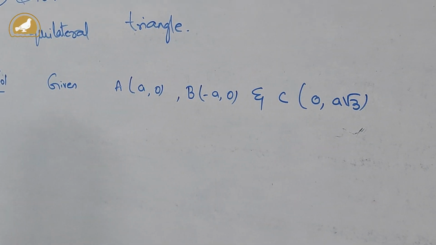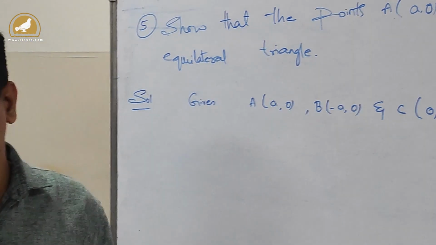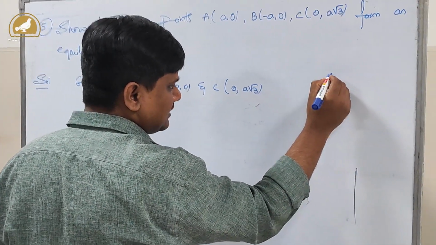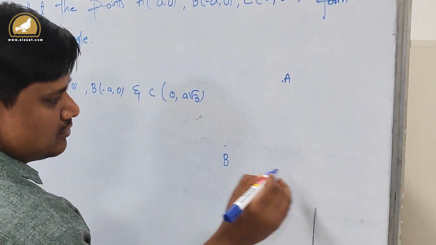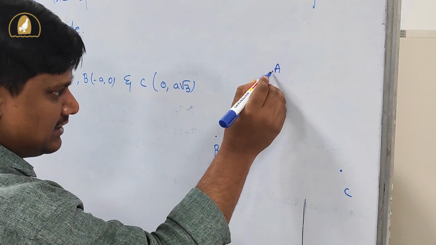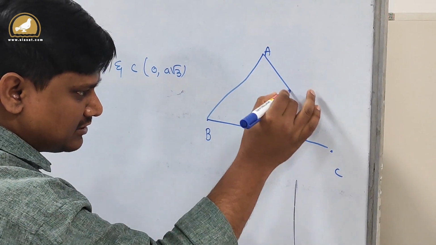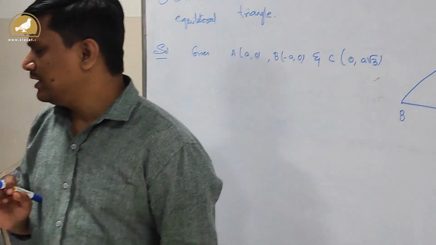They are asking us to prove that if we join these 3 points, it forms an equilateral triangle. It's asking us to prove that if we join these 3 points, we are able to form an equilateral triangle.